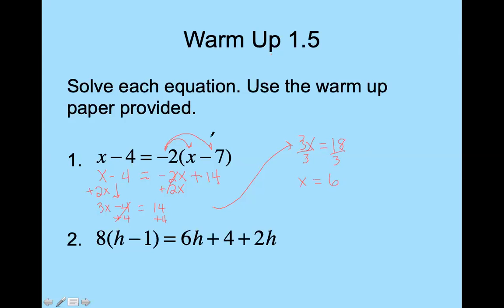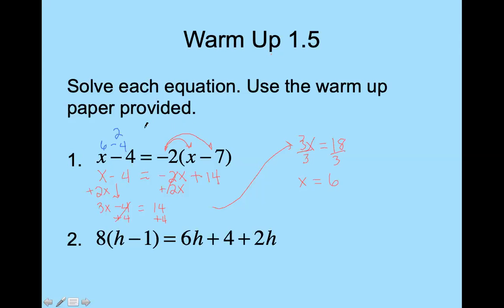So we can double check, remember. I'm going to switch colors and do my check. Let's go with blue. So my solution is 6, and I want to see if that works. I go back to the beginning. Here I'd have 6 minus 4 on the left, which would be 2.